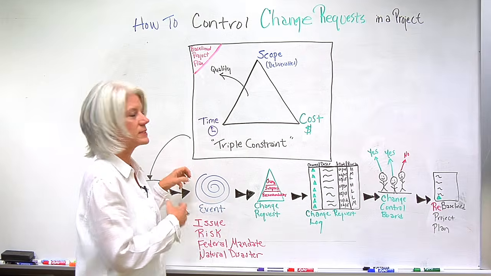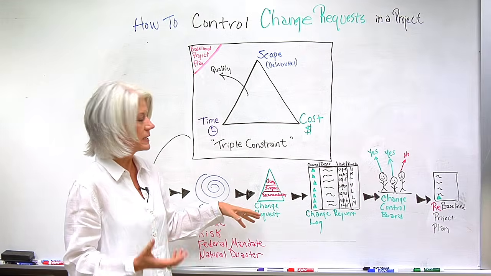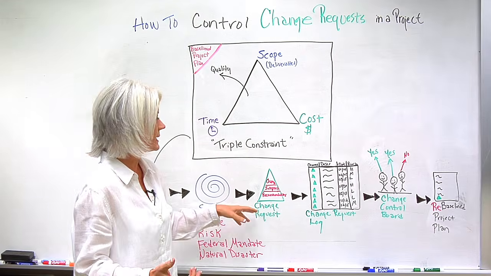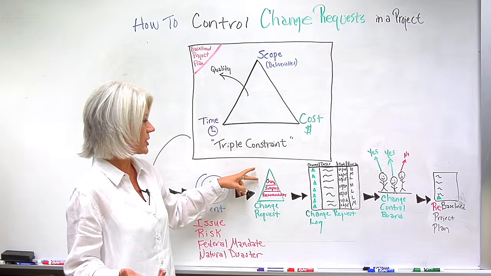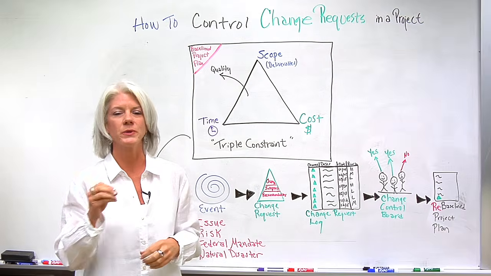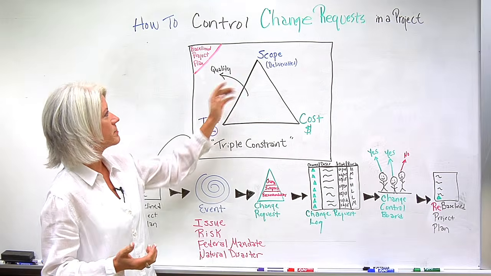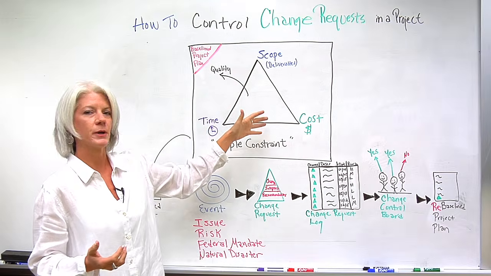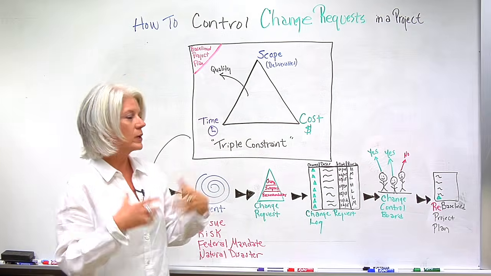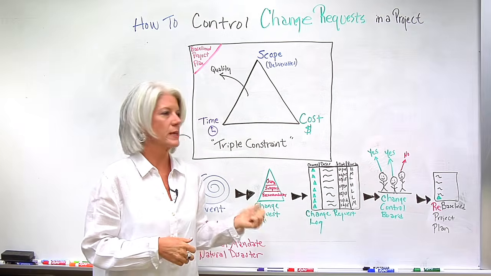So what happens is some event occurs, you try to capture it. So a change request is made, so it identifies the change. You try to evaluate what would the impact be if we had this change, what is the impact to the other components of the triple constraint, and what is the recommendation that we would make for that change.